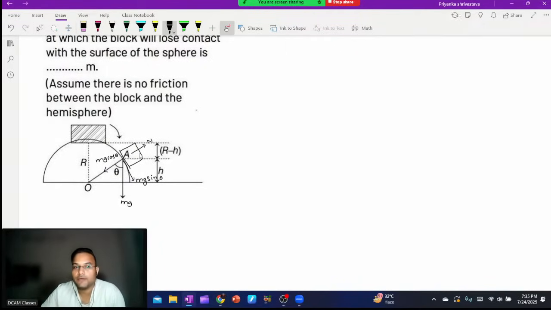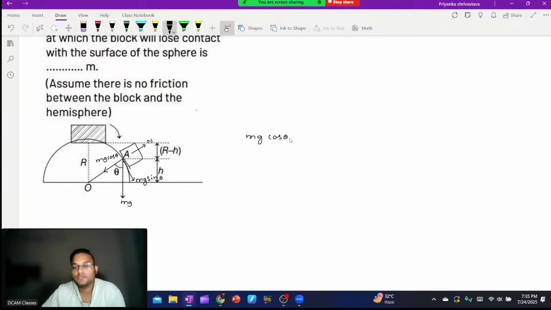So if I make the equation at this particular point, it will be mg cos theta.